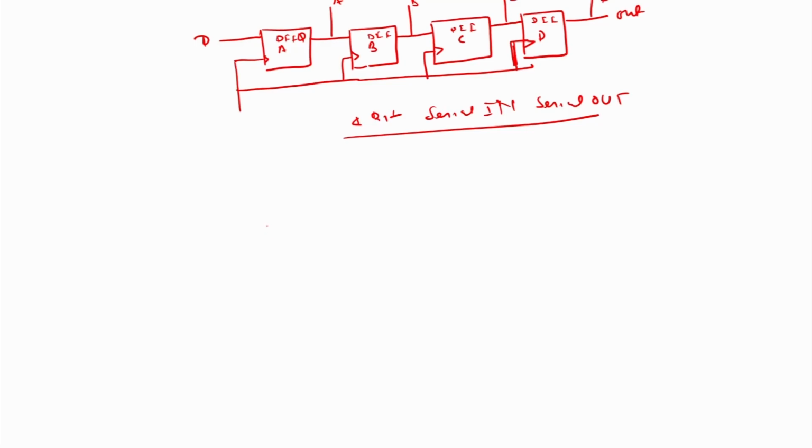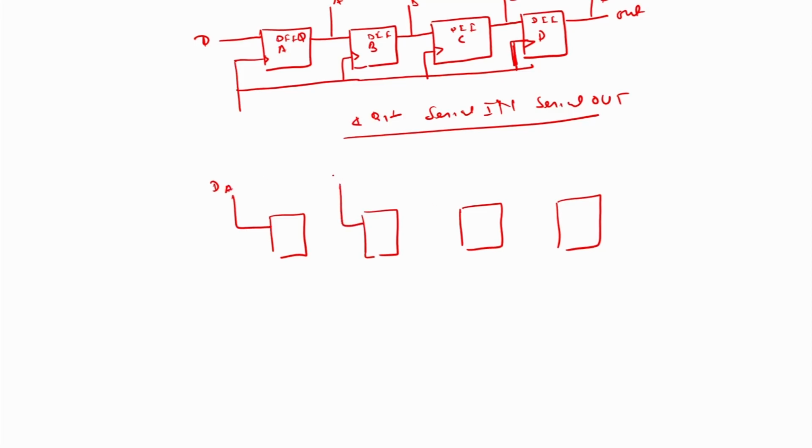In a parallel in parallel out register, 4 D flip flops are used, and in the case of parallel input there is no need to connect the output of one flip flop to the other. Here the input is provided parallelly, as DA, DB, DC, and DD.